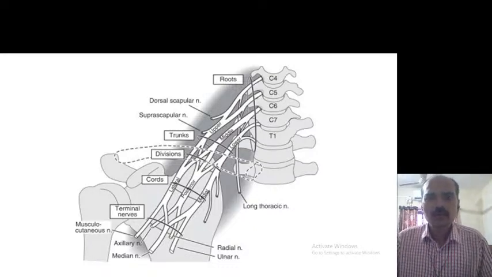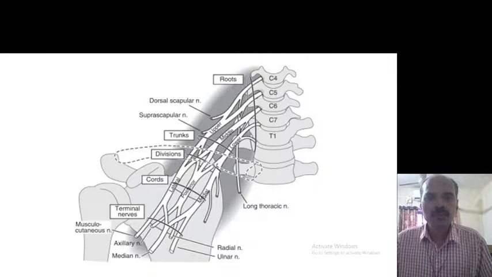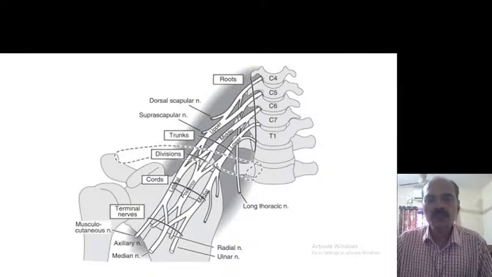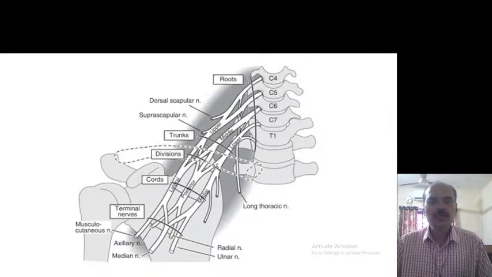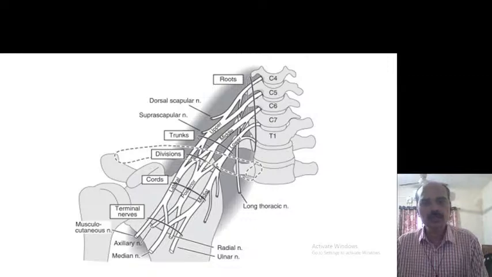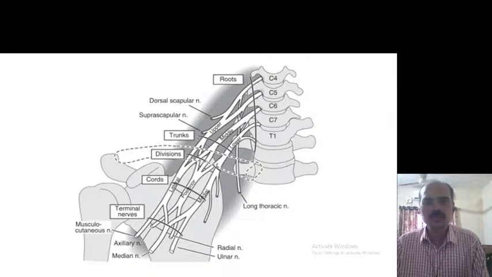Now, below the clavicle is the cord part, especially the lateral cord, posterior cord, and medial cord, which are in relationship with the second part of the axillary artery. What I mean to say is, in the second part of the axillary artery, lateral to the artery is the lateral cord, medial to the artery is the medial cord, and behind the artery is the posterior cord.